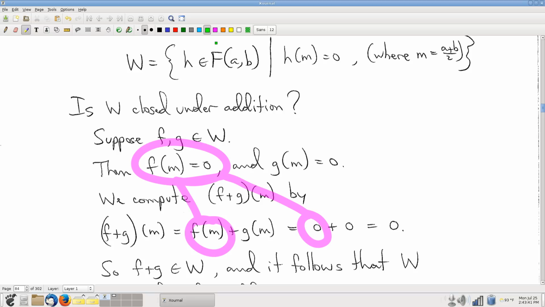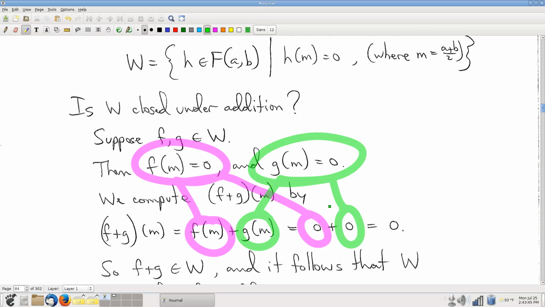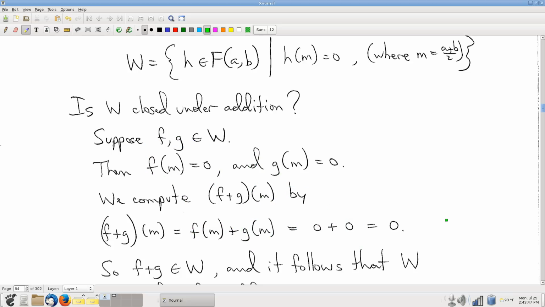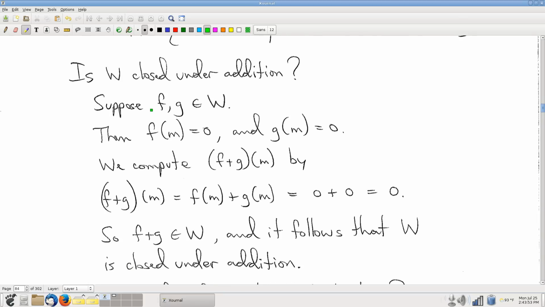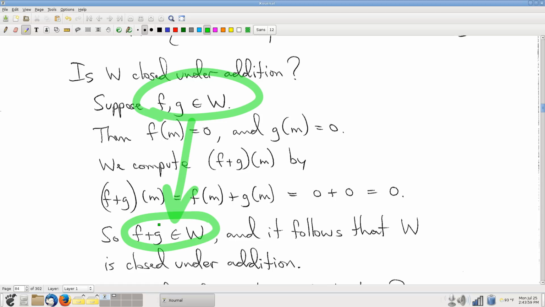And likewise, we know that G of M is equal to 0. And so we have 0 plus 0, which is 0. And so as required, whenever you have two vectors in W, it does indeed follow that the sum is in W, and that's what it means for a set to be closed under addition.